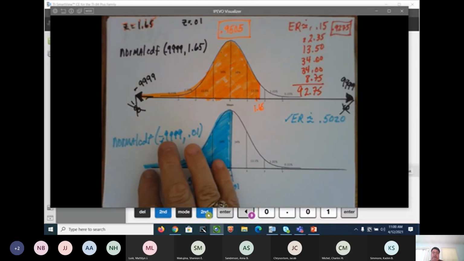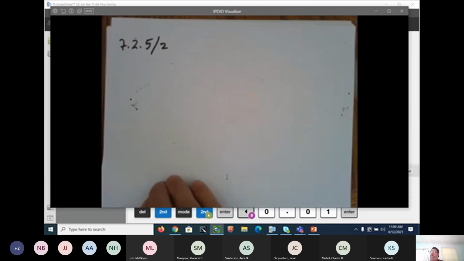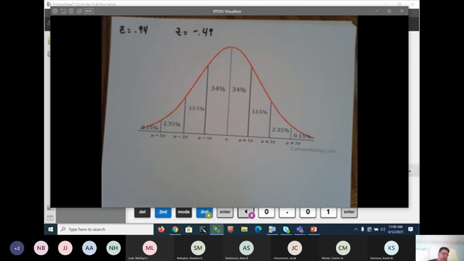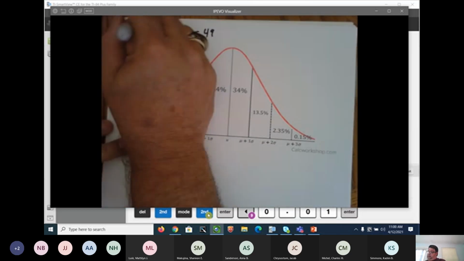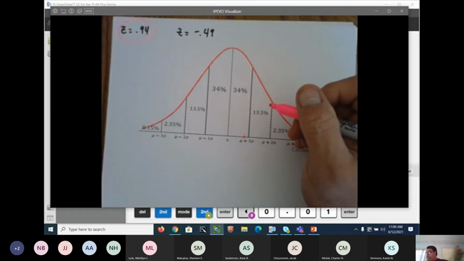All right, now you do the last two. I'm going to let y'all do the last two on your own. We got to hurry. Well, let me just do them right quick. All right, so 0.94, I'm going to do that in pink. There's 0.94 right there.